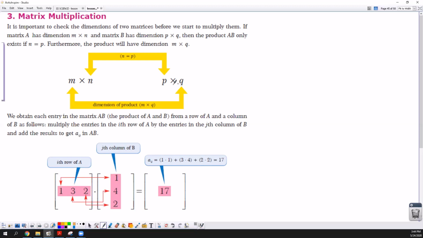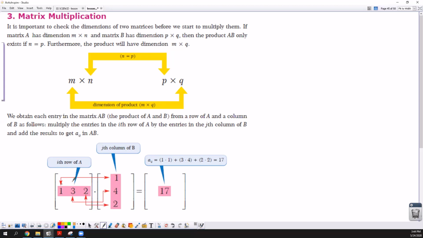You're going to see the dimensions of the matrices. So here is the first rule. For the matrix product to exist, n must be equal to p, and after that we can multiply the matrices. But we have to decide what the dimension of the resulting matrix is. So here, you're going to see, we have an example.